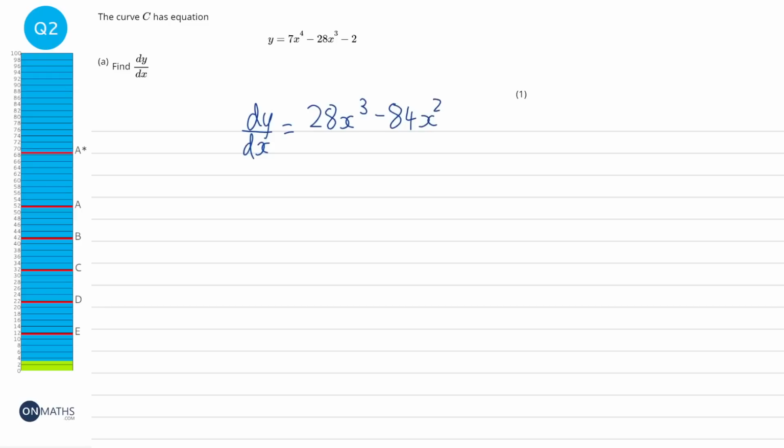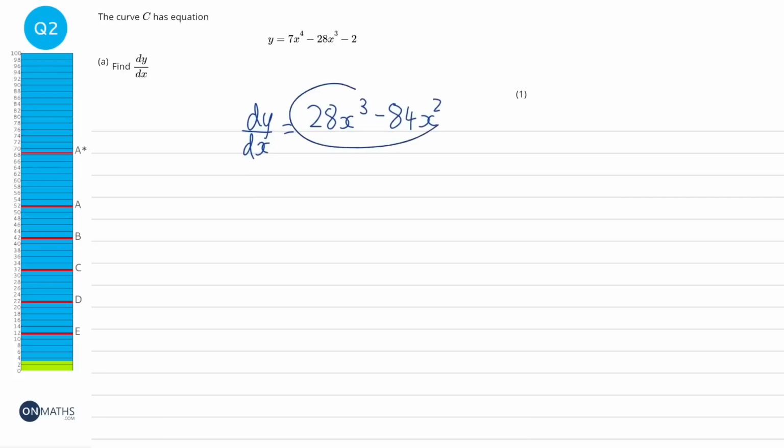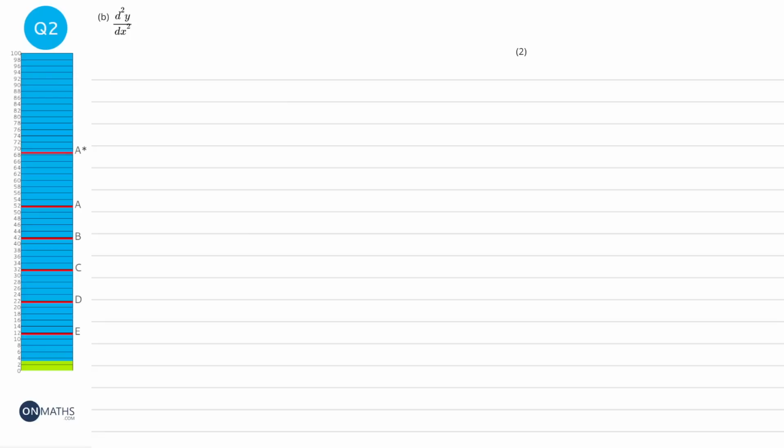So that's our answer. For part B, we need to find the second derivative, and to do that we just need to differentiate our answer to part A. So just to show that I'm finding the second derivative. And we're going to start with the 28x to the power of 3.